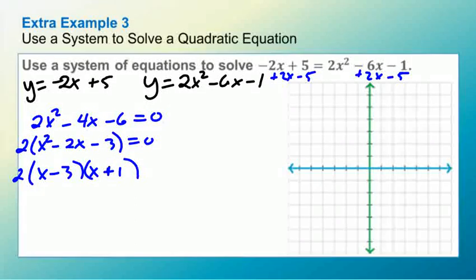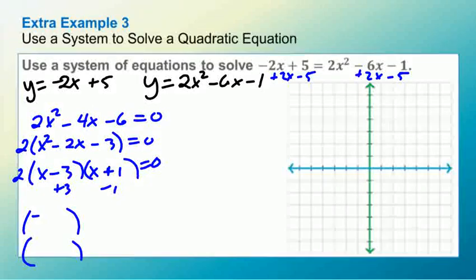That gives me negative 3 when I multiply them, minus 2 when I add them. Make each binomial equal to 0. 2 can never equal 0, so I'm not going to worry about that. So this would be a plus 3. This would be a minus 1. So my points would be 3 for x and negative 1 for x. So I'm going to use this one here.